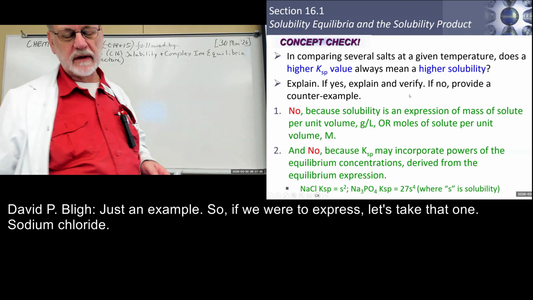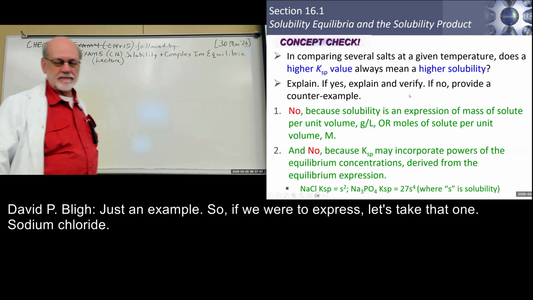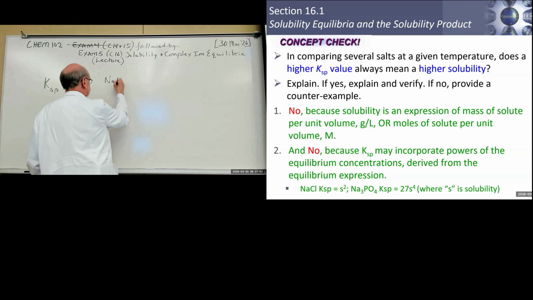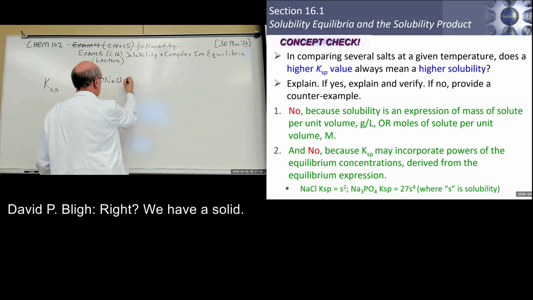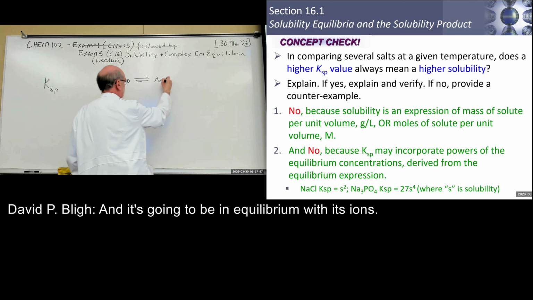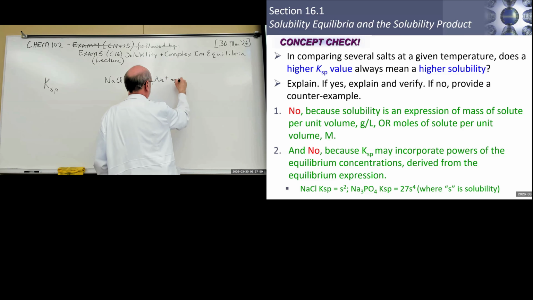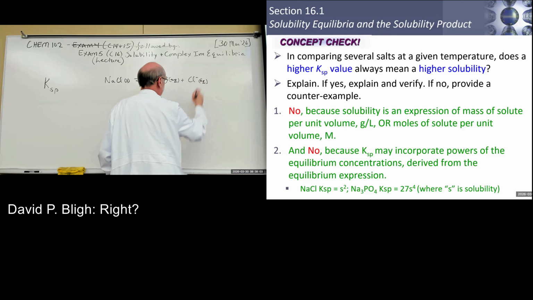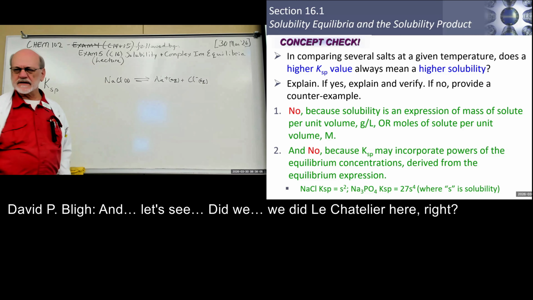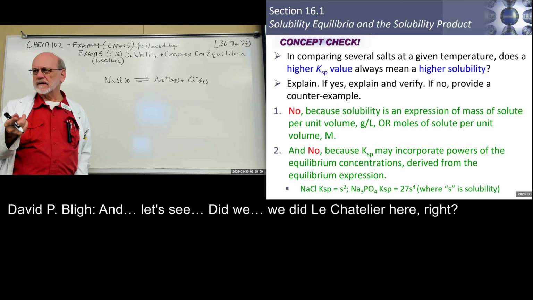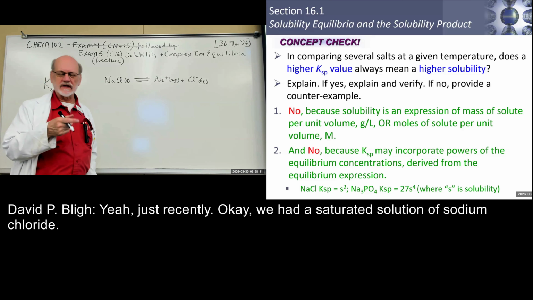Just an example. If we were to express, let's take sodium chloride, we have a solid, and it's going to be in equilibrium with its ions. We did Le Chatelier here just recently.